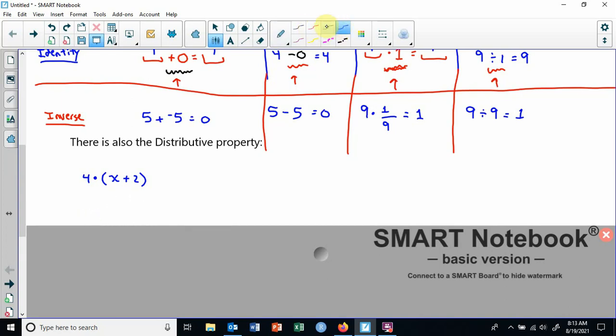What it does is takes this 4 times and applies it to everybody inside. So x gets the 4 times x. Same thing for the 2. First, let's bring our operation. Plus 4 times 2.